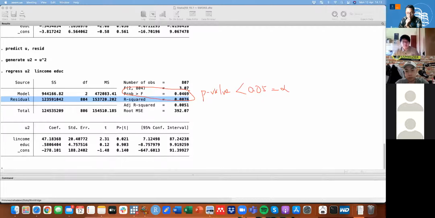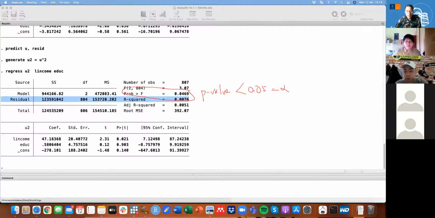Go ahead. Sir, just a confirmation: in testing for heteroskedasticity, we always test on a joint significance basis, right? In this particular case, yes. Actually, in general, that's the case.